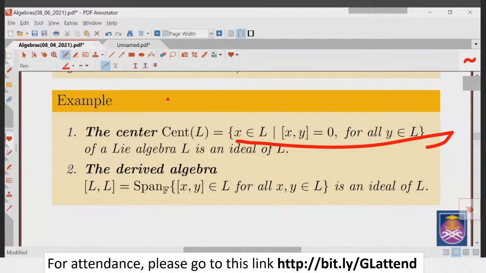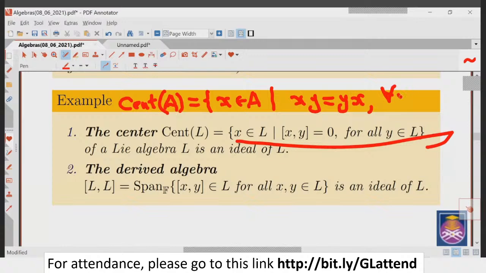If you have an associative algebra A, then its center is those elements x of A such that x times y equals y times x for any y from A.